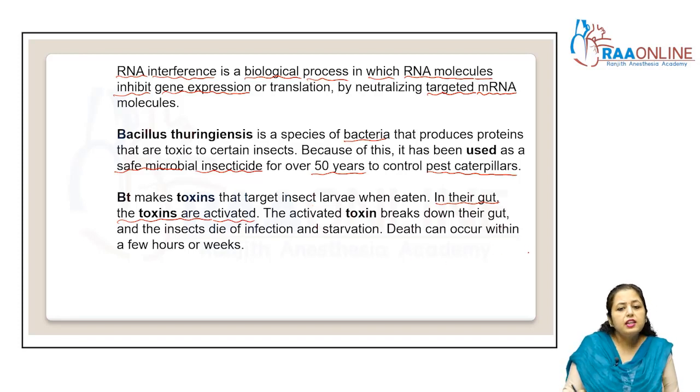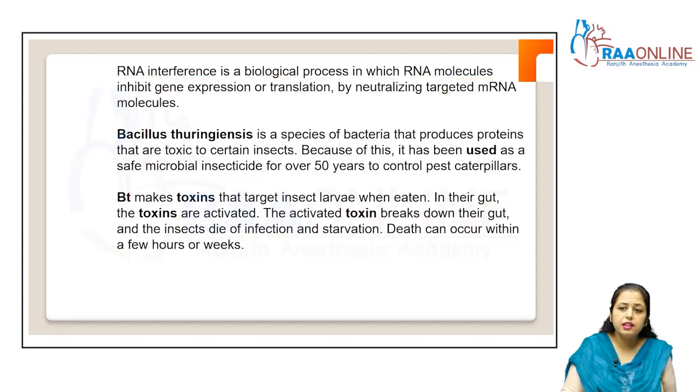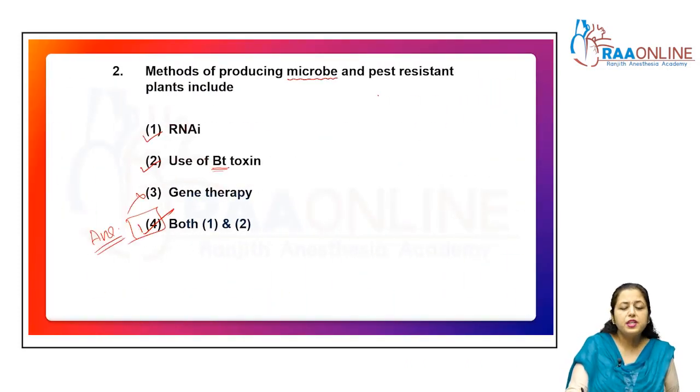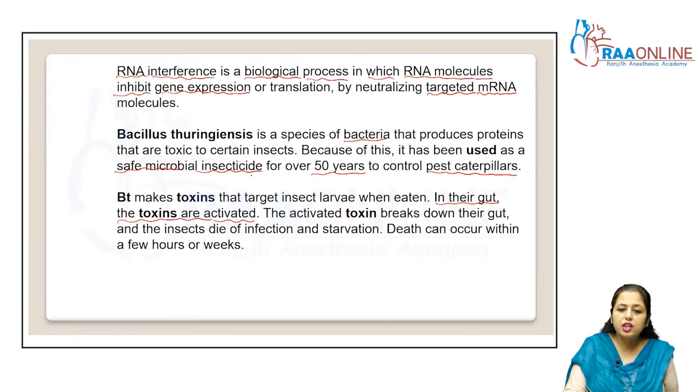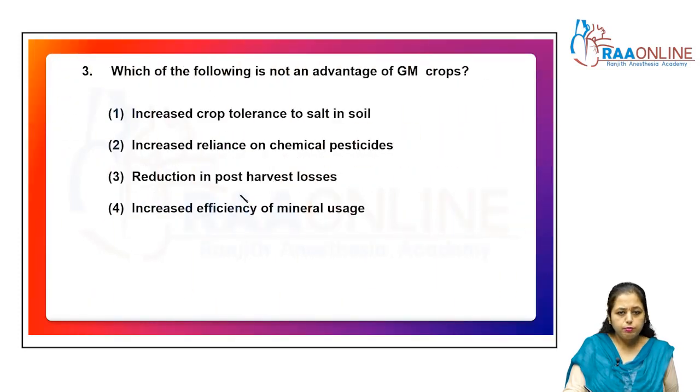Death can occur within a few hours or a few weeks. So that is how pest resistant plants, by the use of Bt toxin from Bacillus thuringiensis bacteria, release a toxin which kills the insect, right? Now come to the next question.